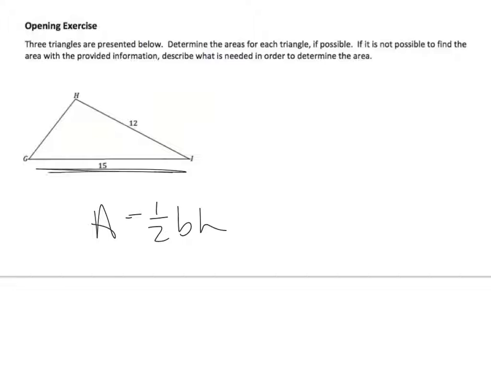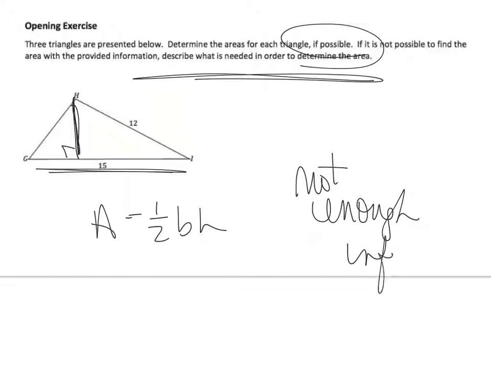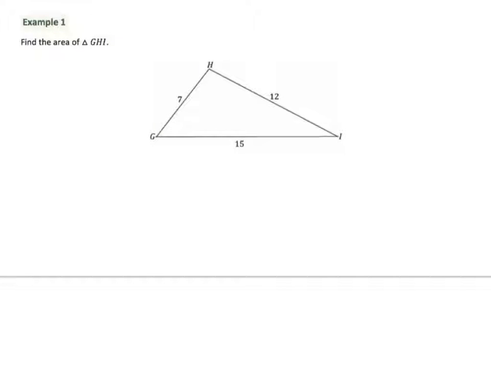So I have the base at 15, but for this triangle we actually don't know the height. And given the picture, I don't have enough information to solve it. So let's figure out what's going on.